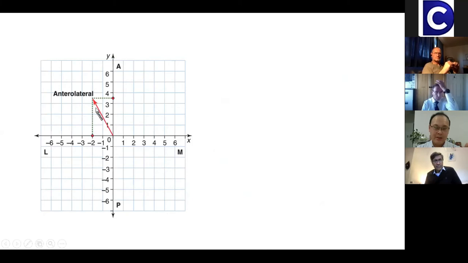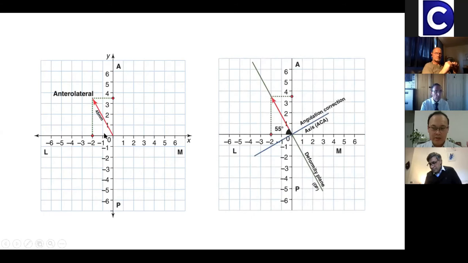This line is very important for the deformities. 45 millimeters equals 45 degrees of deformity. Watch where the plane is. So this is the plane, the deformity plane. Because we know the plane here, we know the angulation correction axis, the ACA, is here.